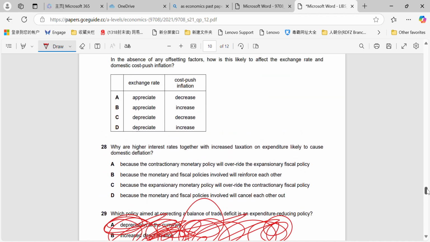Okay, question 28. Why are higher interest rates together with increased taxation on expenditure likely to cause domestic deflation? Okay, so higher interest rates is contractionary monetary policy, and increased taxation is contractionary fiscal policy.